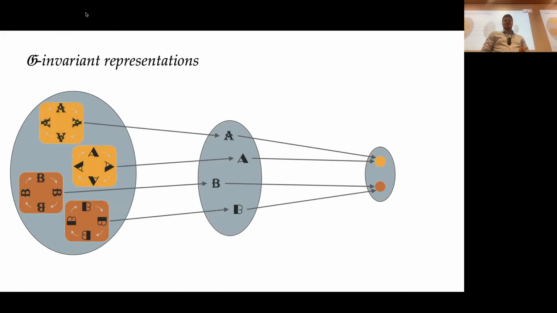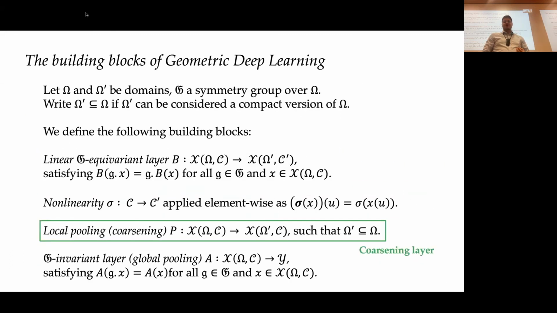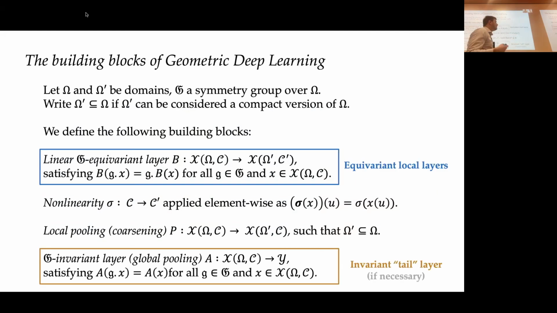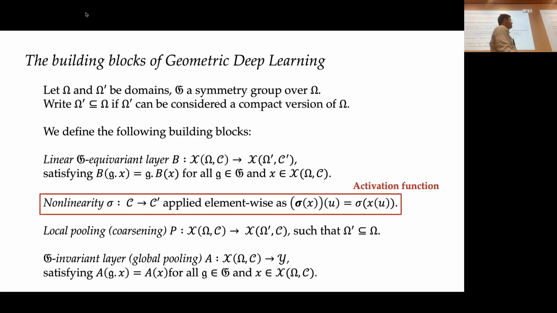I will skip these parts about orbits, so I can jump right into this general idea that using this concept, you can build all of the architectures that you care about by composing equivariant layers with then invariant layers at the end if you want to predict something over the whole domain. Why can these equivariant layers be linear? Because in deep learning, we usually just do a pointwise nonlinearity, and you can prove that that is sufficiently expressive.